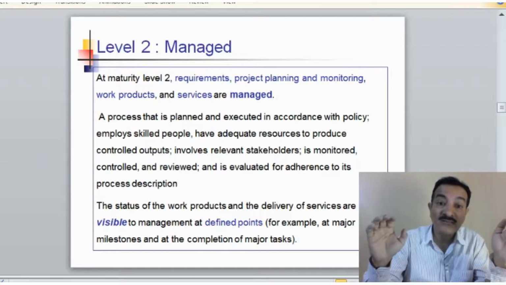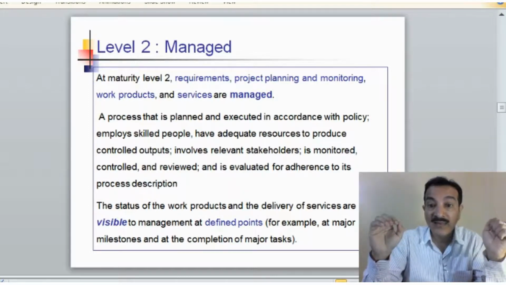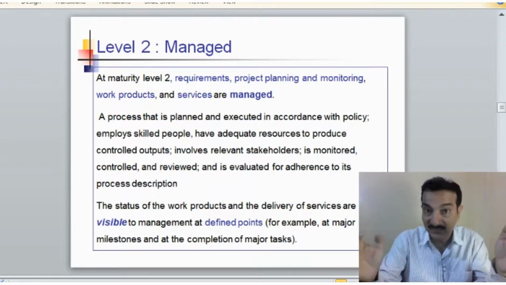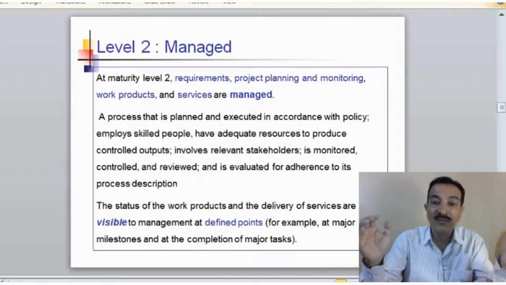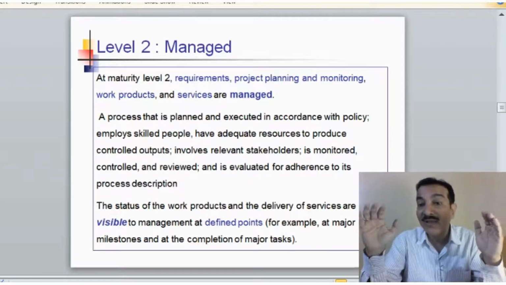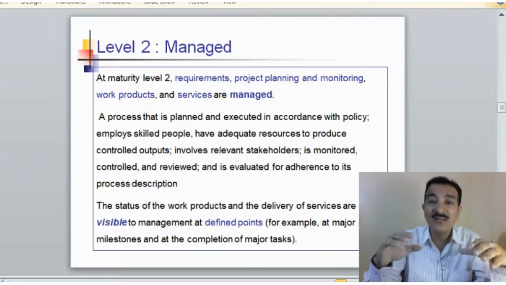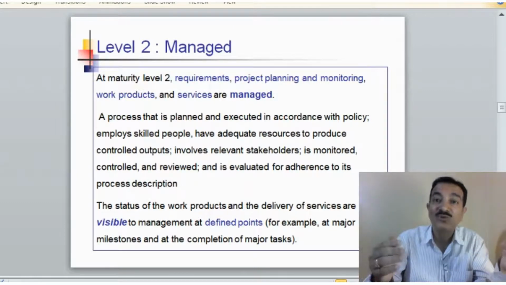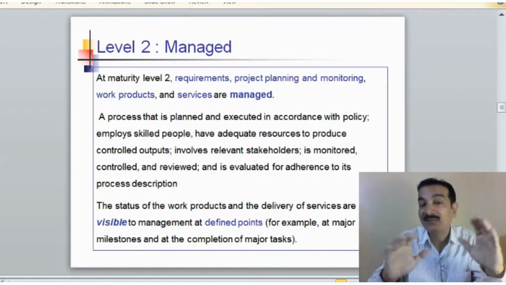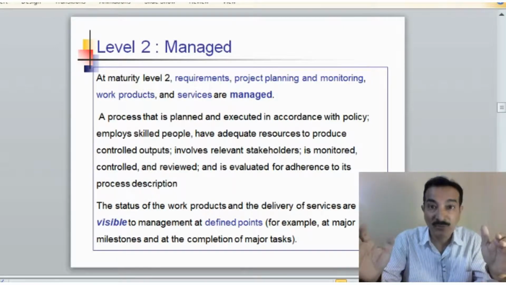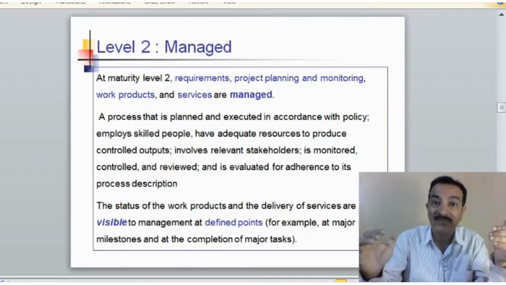A process is planned and executed in accordance with the policy. You employ skilled people and have adequate resources to produce the controlled products. You involve the stakeholders in the project. Basically, you ensure that they are updated with all the information on the project and you involve them in making decisions.